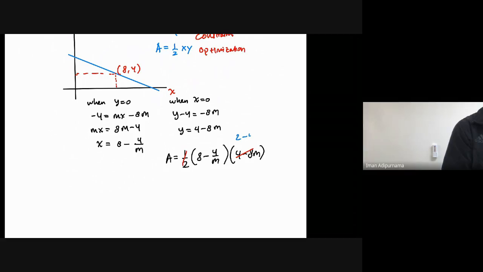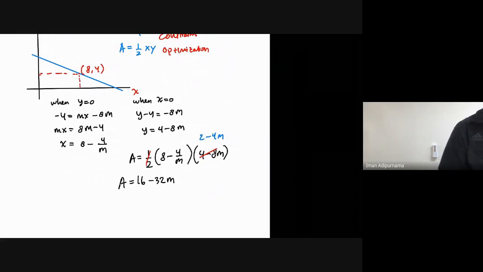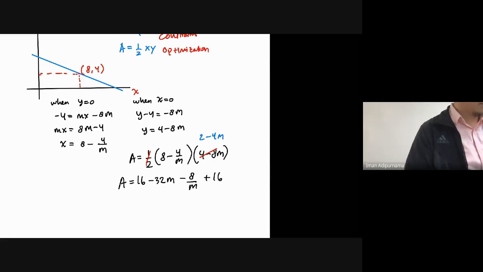Let me rewrite all, the 16, 52m. Okay, so this is my area.